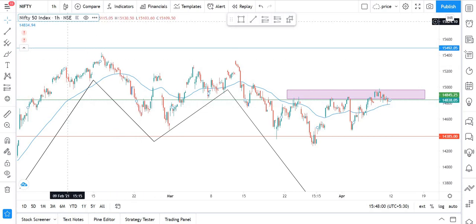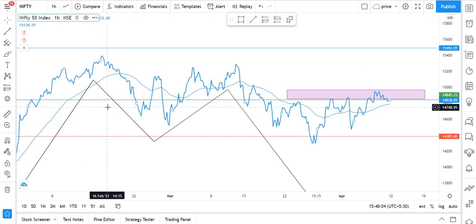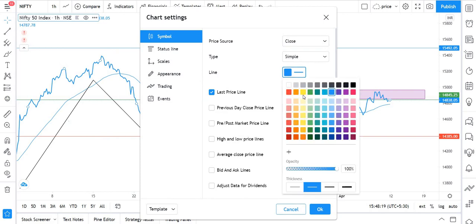Let me show you this on a line chart. So this is a line chart. Now here you can see this blue line. Let's change the color of our moving average so we can see it better and clearer. Let's make it orange.